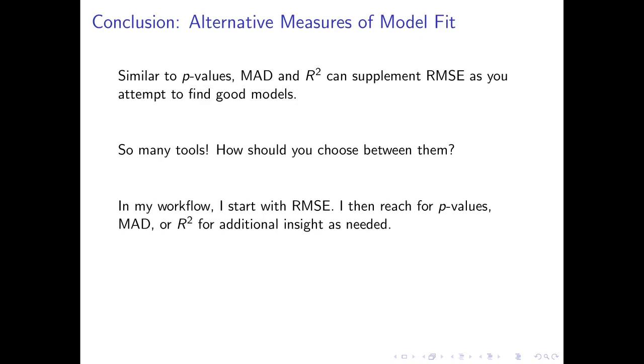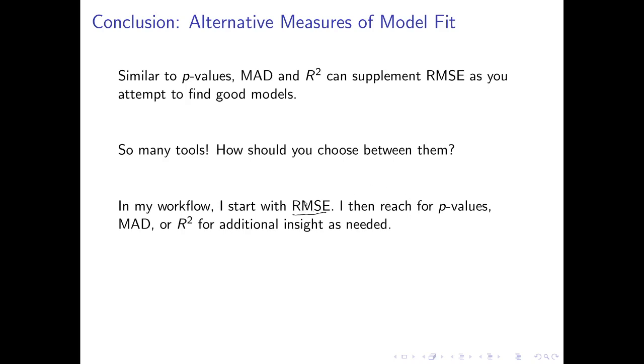At this point, because we have so many ways to measure model fit, how should you choose? This is just my workflow. This isn't how you have to do it, but for me, I start with RMSE. And then if I have two models which are roughly comparable with respect to RMSE, then I'll reach for other measures of model fit.